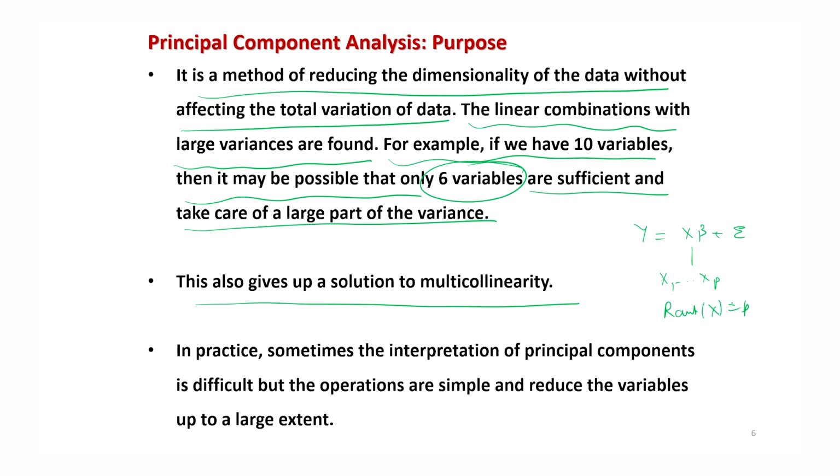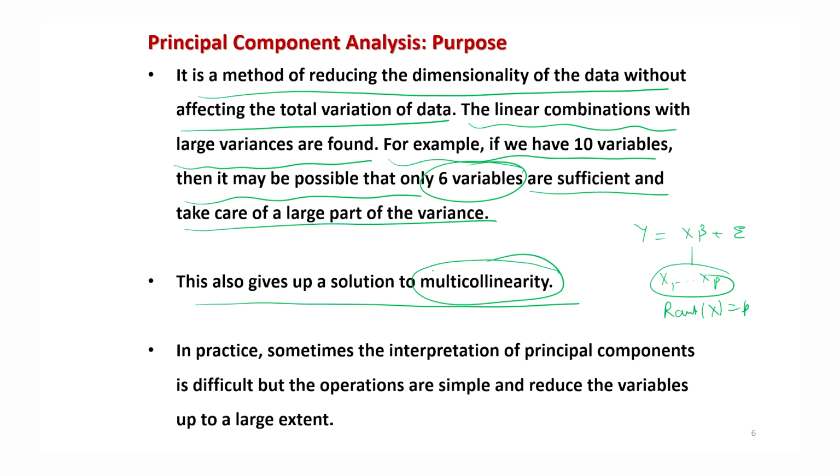But suppose there exist some linear dependencies among x1, x2, xp, then X will not be a full column rank matrix, and then we will not be able to find the ordinary least squares estimator, and it will create its own problem. So whenever there are linear dependencies among the independent variables, this is called the problem of multicollinearity.